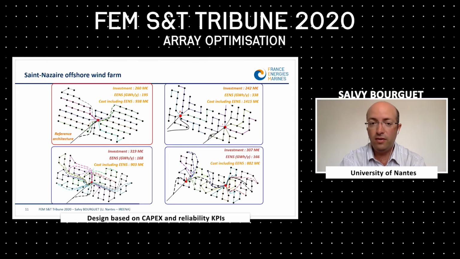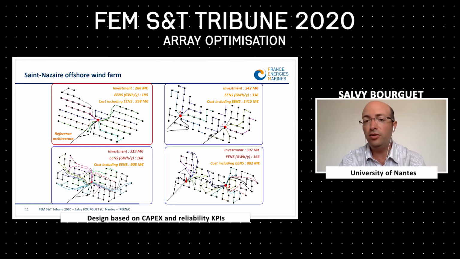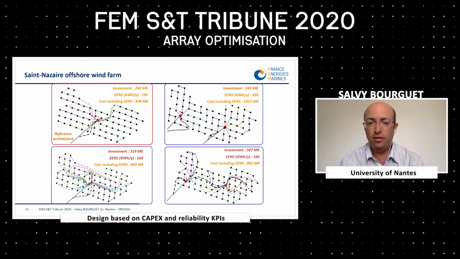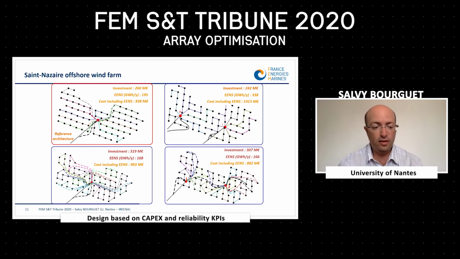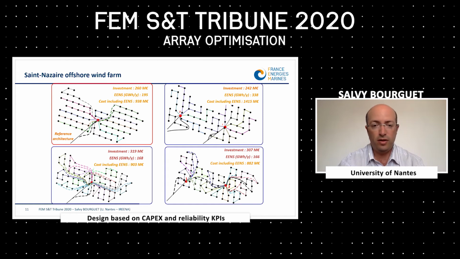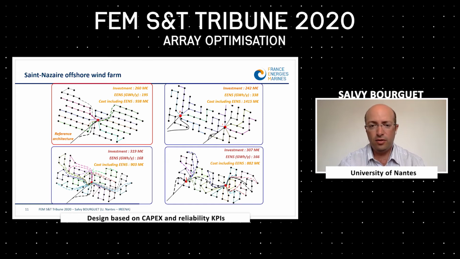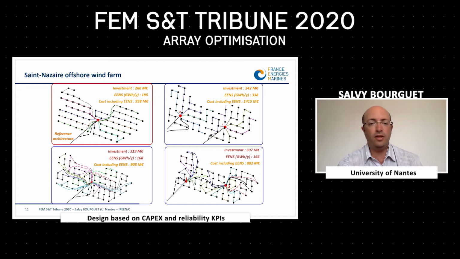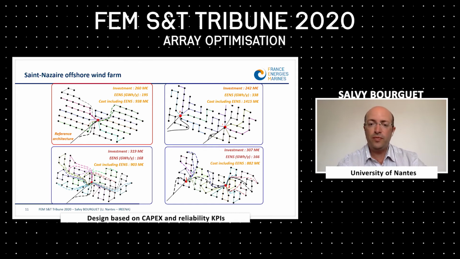This situation gives the ENS of 100 or nearly 200 gigawatt hours per year. And this is including a cost with the ENS. It means with the energy not supplied into the calculation of about 938 million euros.